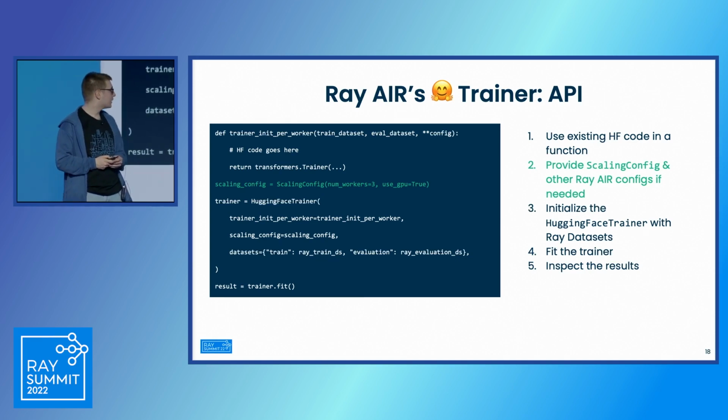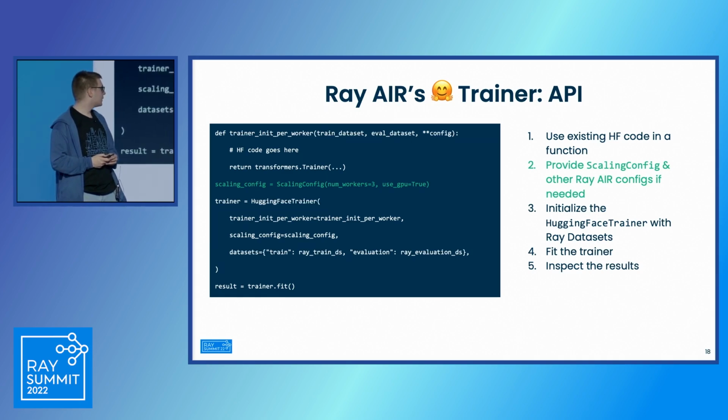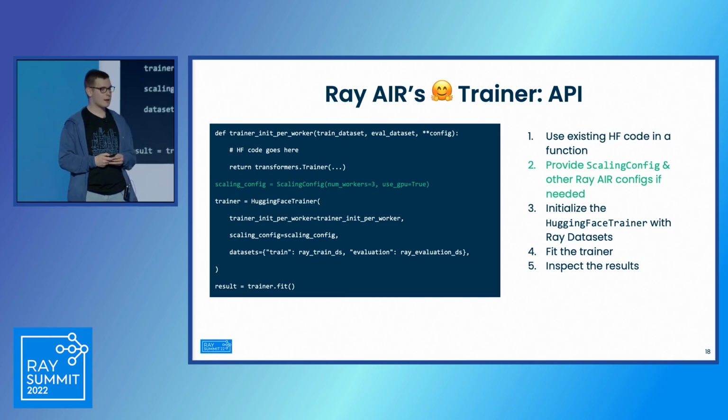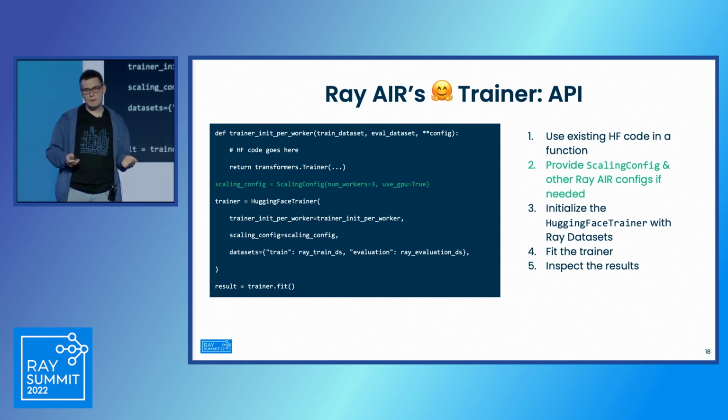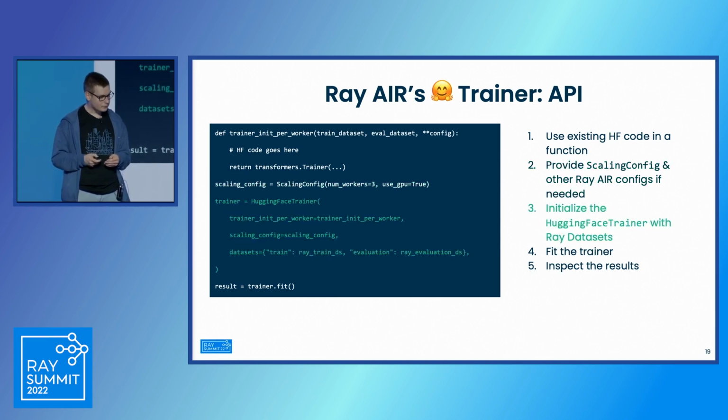Scaling config determines on how many machines we will be distributing our training and whether we are using GPUs or not. In this example, we'll be using 3 GPUs. And once we have a Ray cluster, all the scheduling will be taken care of by Ray. We define our Hugging Face trainer using Ray datasets for data ingest and data preprocessing if needed.